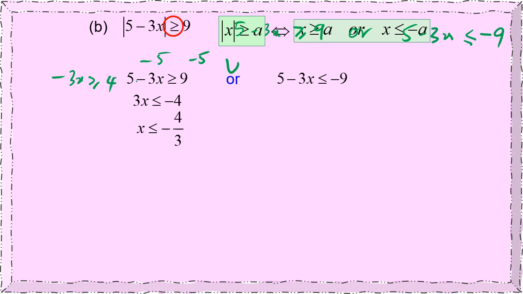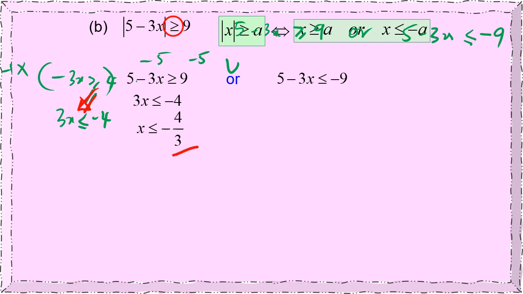And then how do we get the negative? When we swap, we just multiply with negative 1, so we have 3x is less than negative 4. We just have to change the sign here. From more than it will be less than, so x should be less than or equal to negative 4 over 3.